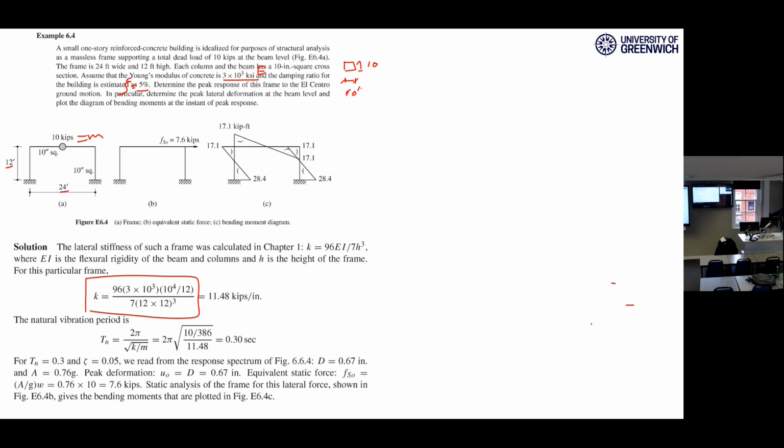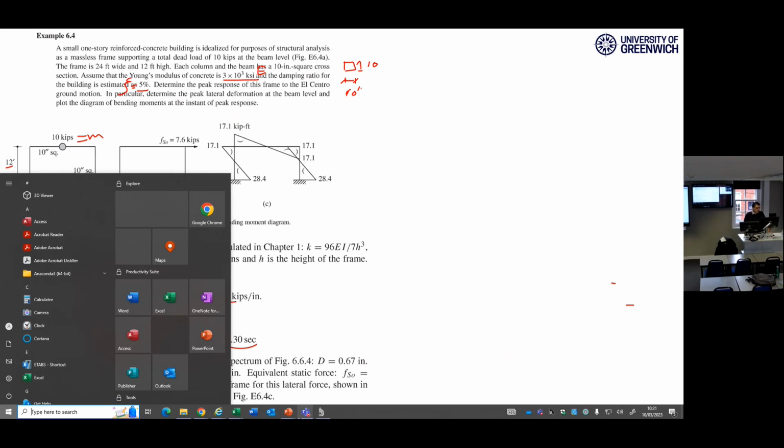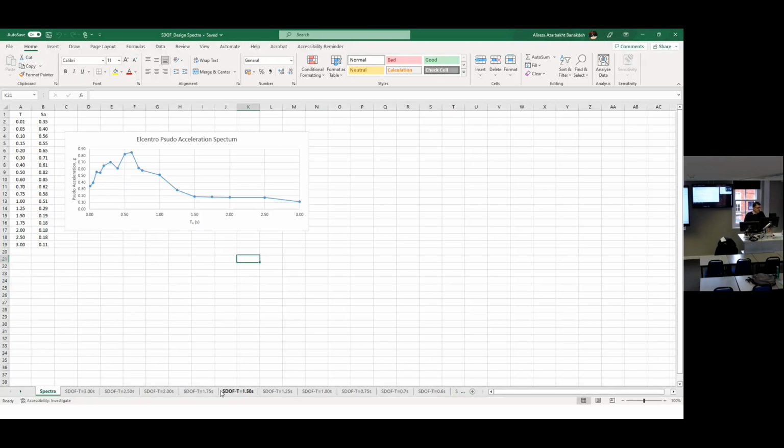And with that formula, we come up with the stiffness. We have the mass, 10 kips, and we can calculate the Tn or omega n, doesn't matter, this is omega n. Okay? If we calculate Tn, you will come up with 0.3 second. With 0.3 second, you can go to your Excel and it's really somewhere here.